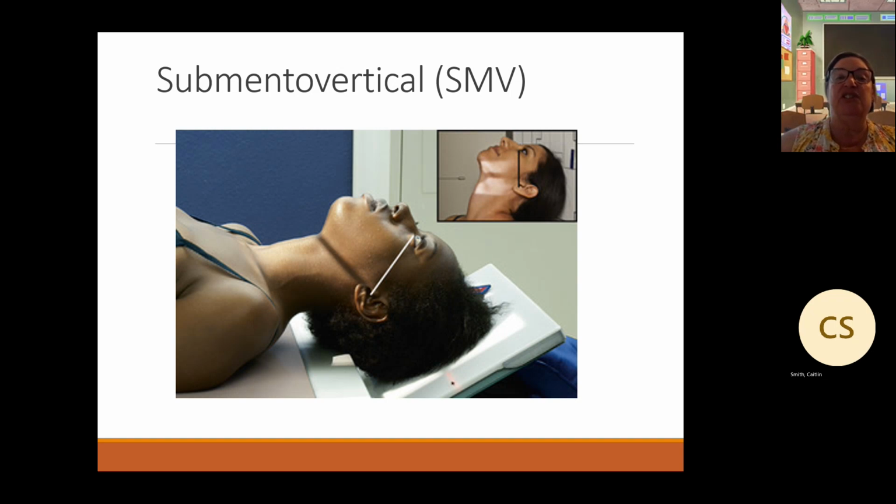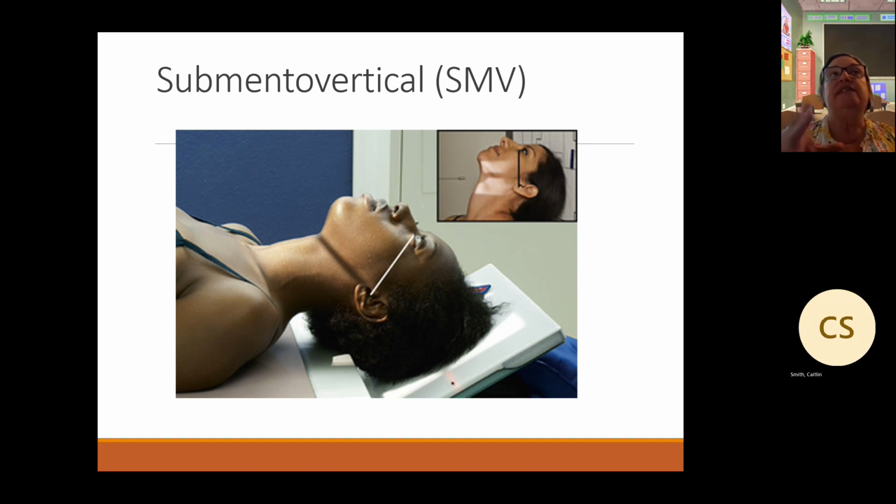Now, this is a hard projection to do. And so if they can't do that, you can modify it as long as the infraorbital line is parallel with your image receptor and the central ray comes in perpendicular to the infraorbital meatal line.